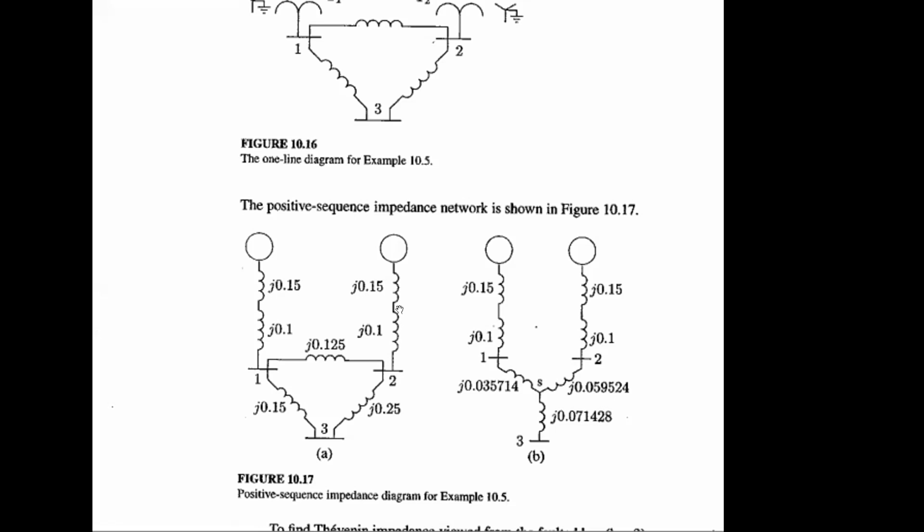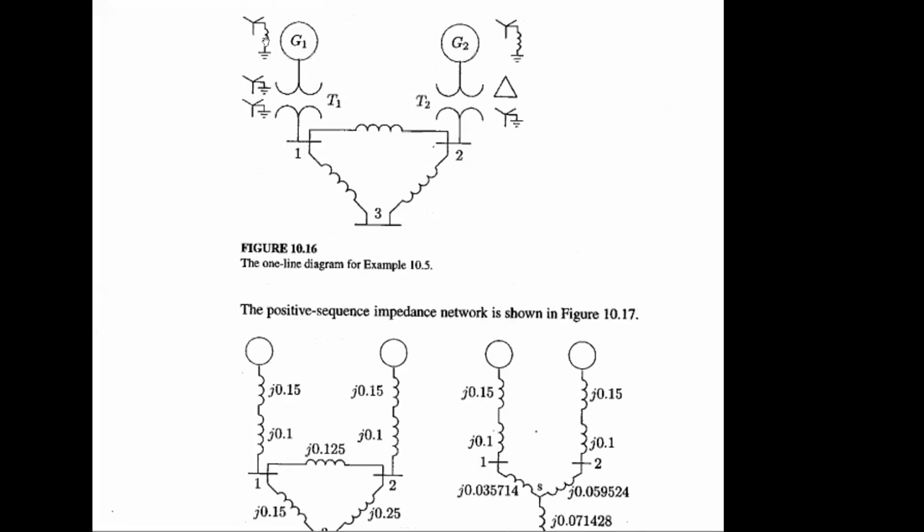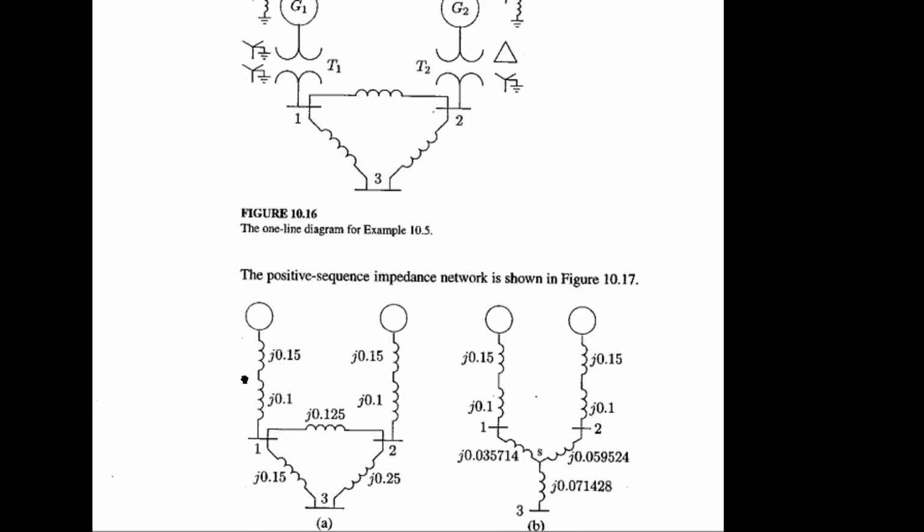So addressing this type of problem, you have to draw all the sequence components individually. First step, you have to replace all the impedance information with only positive sequence information. So when we replace this symbolic diagram or single line diagram or one line diagram with its equivalent reactance or impedance information, this diagram will now be known as the positive sequence impedance diagram.